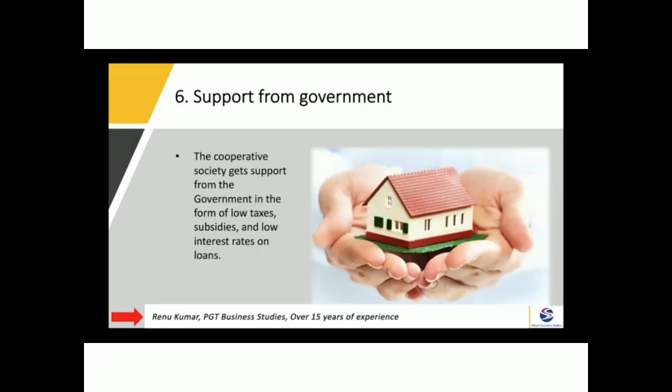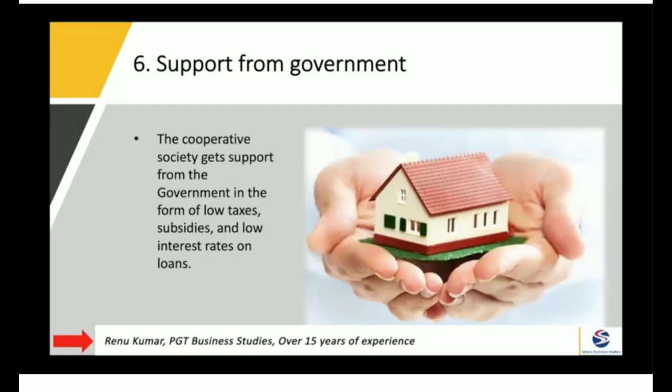Support from government. The cooperative society gets support from the government in the form of low taxes, subsidies and low interest rates on loans. The government supports cooperative societies by charging low taxes and by giving them several privileges.